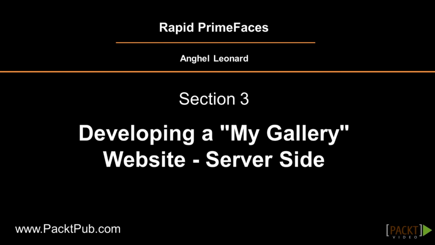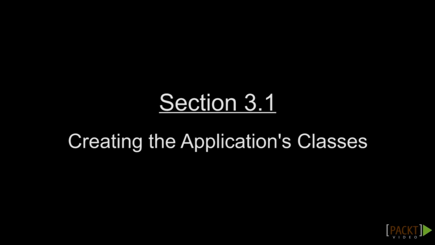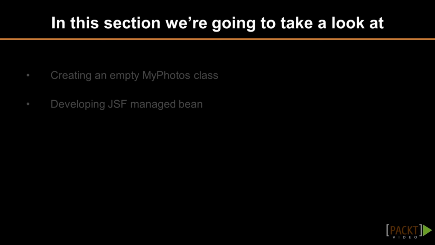Welcome to the third section of this video screencast. Next, we will create two empty classes that will serve us as the base of the server-side implementation. For this, we will use NetBeans as follows. First, we will build a simple class for saving a photo as information composed of the photo path and the boolean flag indicating if the photo was selected for being added in the gallery.